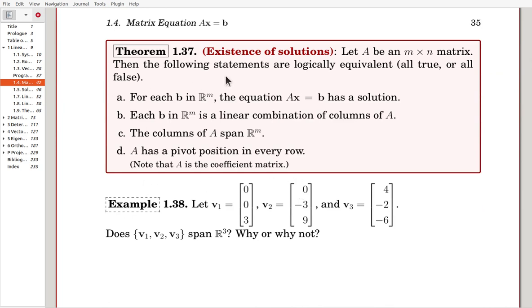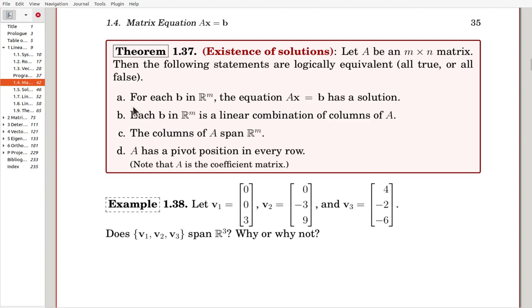We have another theorem: existence of solutions. A is an m by n matrix, then the following statements are logically equivalent: all true or all false. That means if one of them is true, then the others must be true. If one of them is false, then the others must be false too.